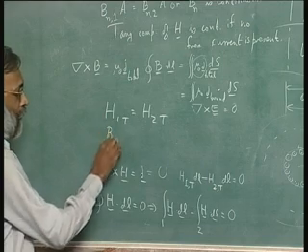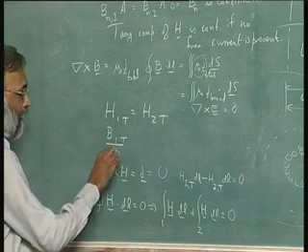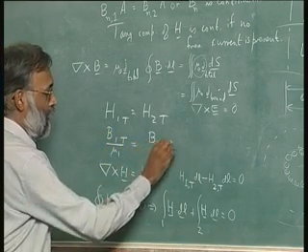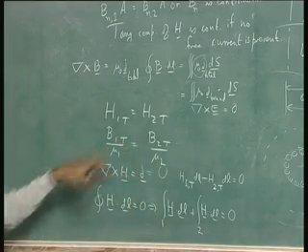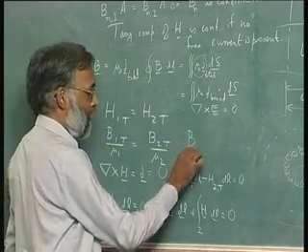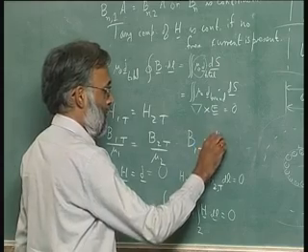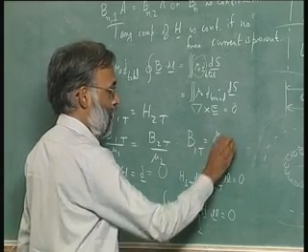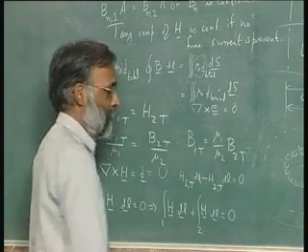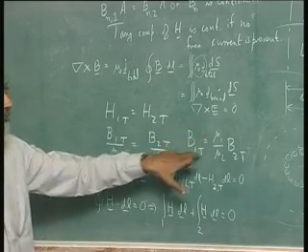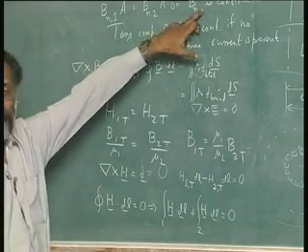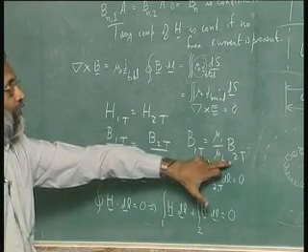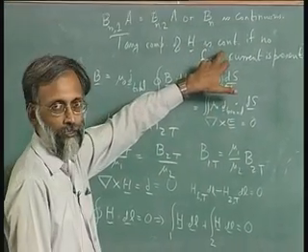So, B1 tangential over mu 1 is equal to B2 tangential over mu 2, or B1 tangential is equal to mu 1 over mu 2 times B2 tangential. So, there is a jump in B tangential. B normal is continuous, B tangential is not continuous, but H tangential is continuous.